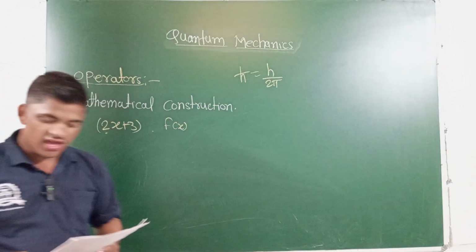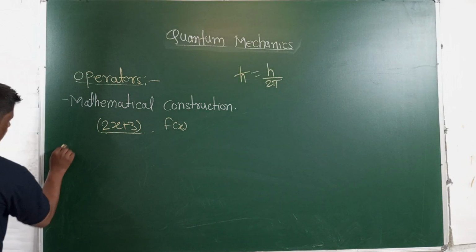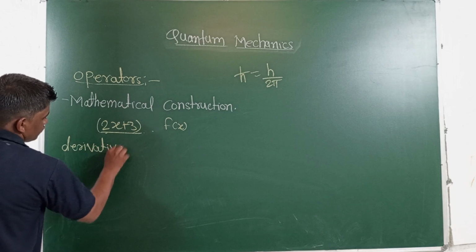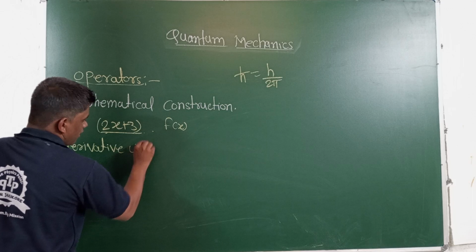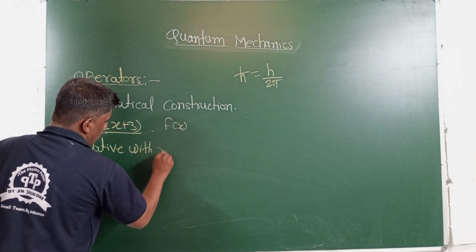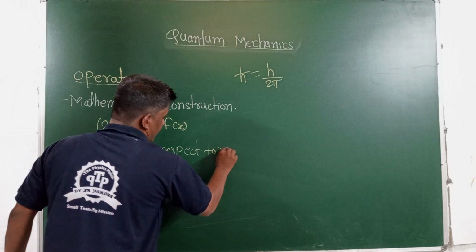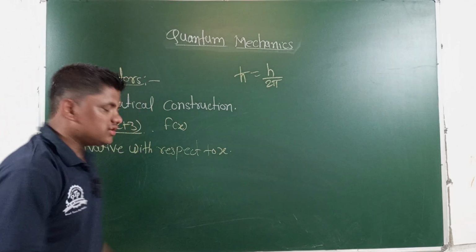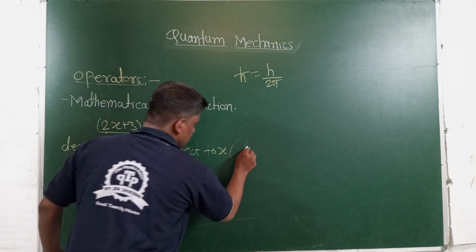For example, we can evaluate the derivative of this function with respect to x. Then we denote the operator, the derivative operator with respect to x, as d by dx.